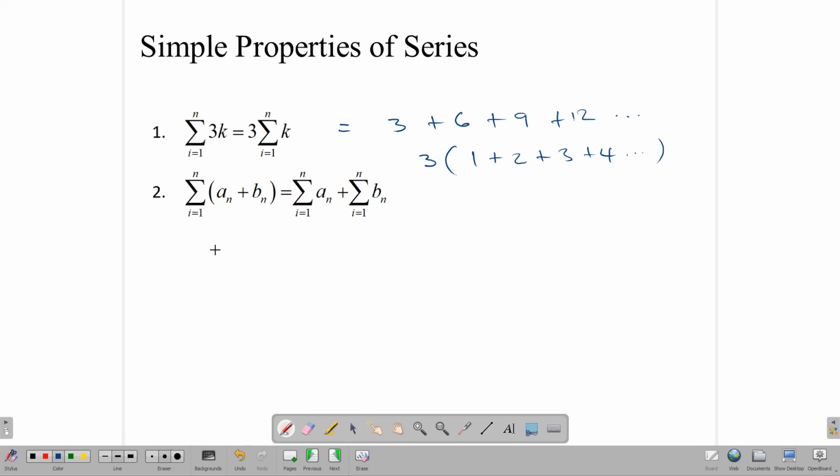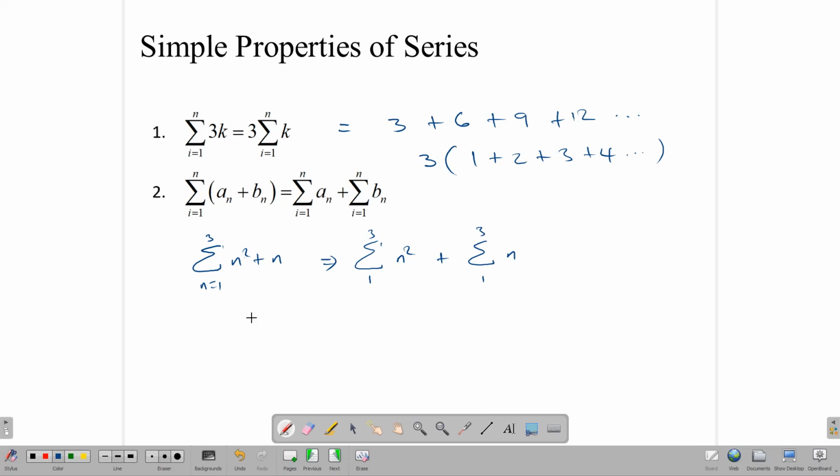And so, for example, if we're summing n squared plus n from n equal 1 to 3, it's the same thing as saying the sum from 1 to 3 of n squared plus the sum from 1 to 3 of n.